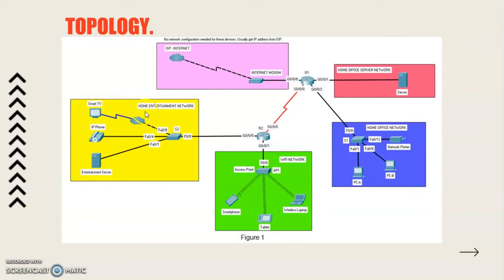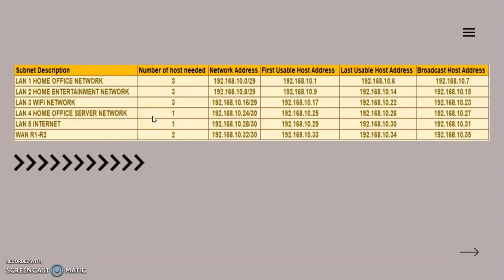So next, for the topology for my question, as you can see here, there are 5 LANs and 1 WAN. The WAN is between router 1 and router 2, and the LANs are the internet, home office network, server network, home office Wi-Fi network, and home entertainment network. Okay, so first for LAN 1, the office network, the number of hosts needed is 3.